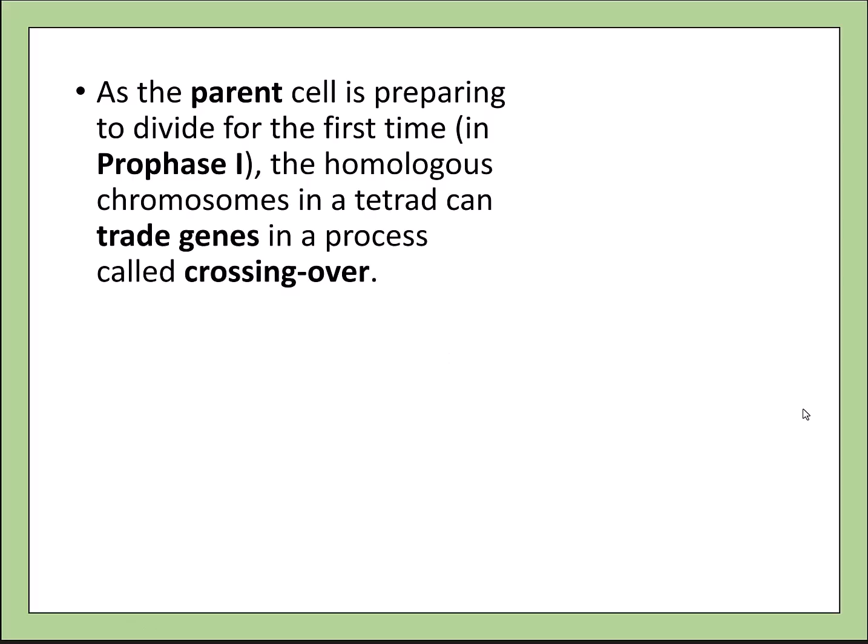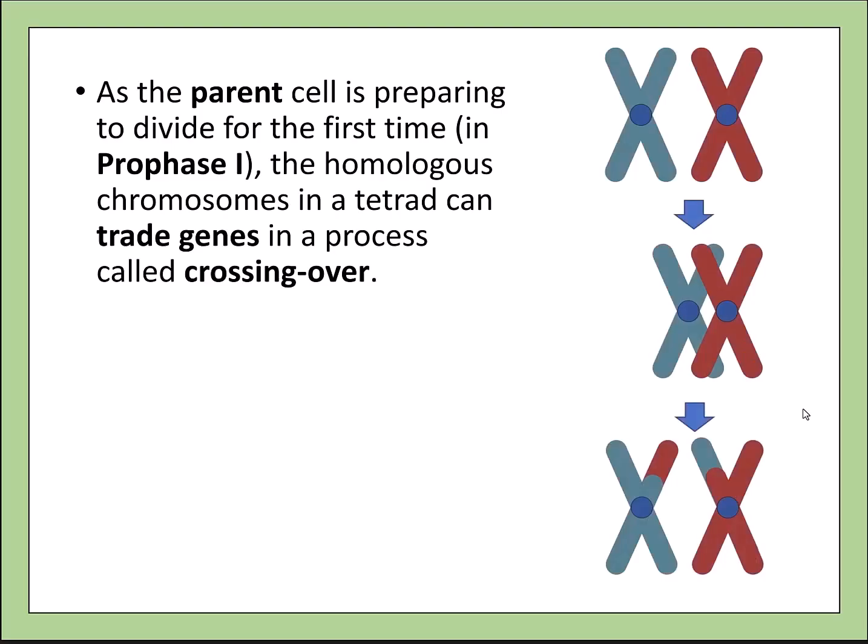So let's get into the details here. As the parent cell is preparing to divide for the first time, which we call prophase 1, the homologous chromosomes in a tetrad can trade genes in a process called crossing over. So here's what this looks like.